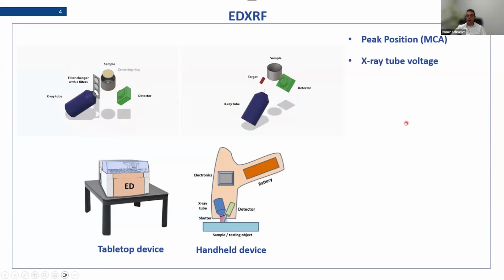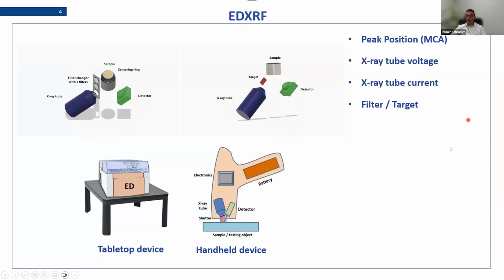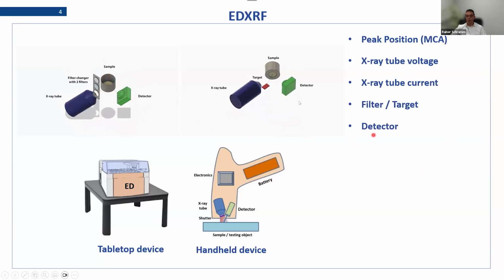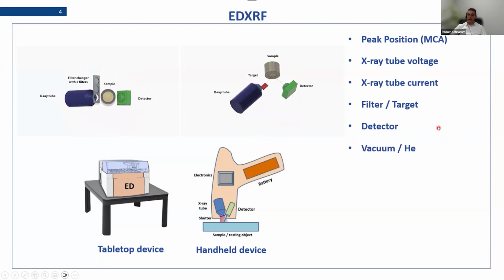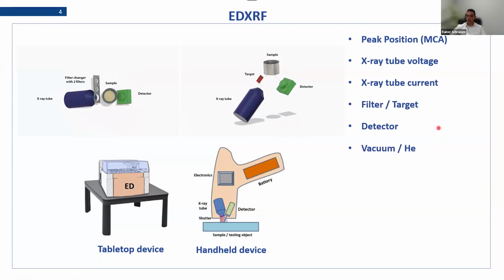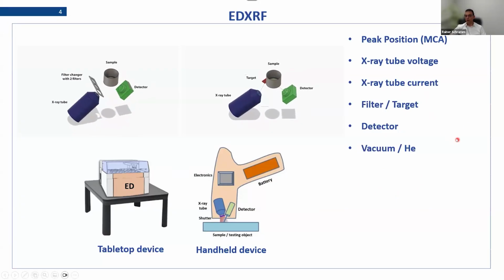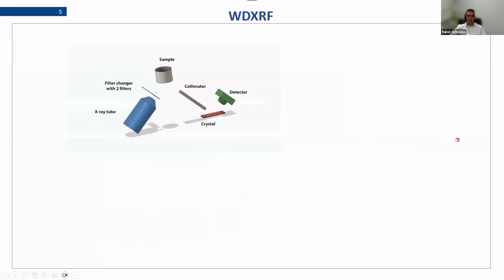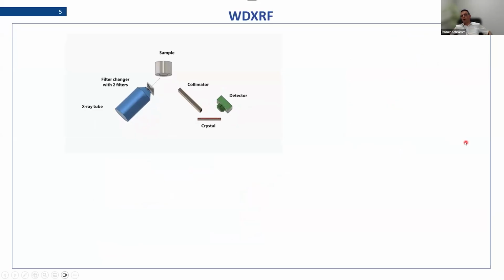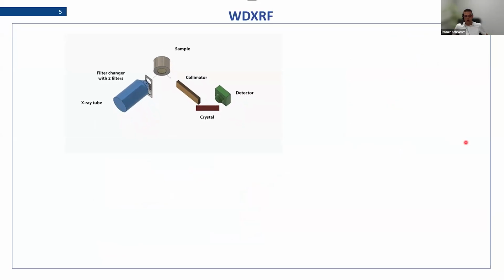Then, of course, we have our X-ray tube where we have the voltage and the current. We have the filter in between tube and sample or the target. Then we have the detector. We have, of course, the atmosphere we are measuring under. Also, this will influence our intensity, and all these together will make a signal change over time.